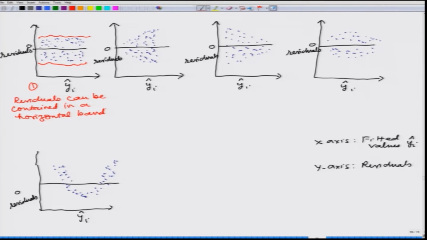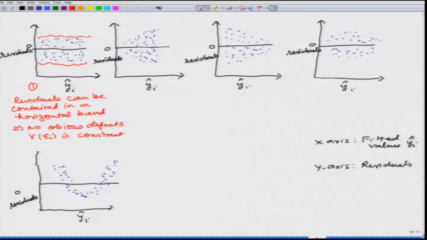Or I would say that the observations are fluctuating randomly inside this band, and this implies that there are no obvious defects, and variance of epsilon i is constant.